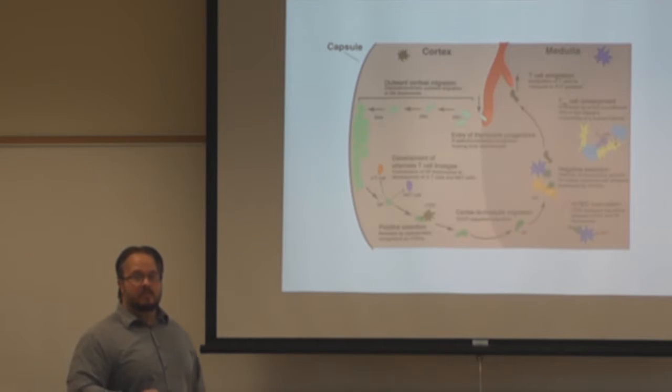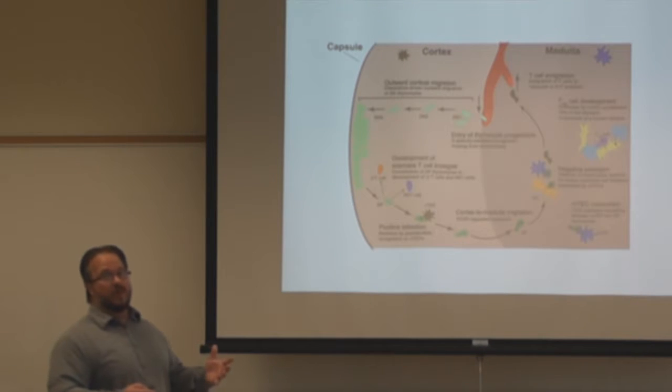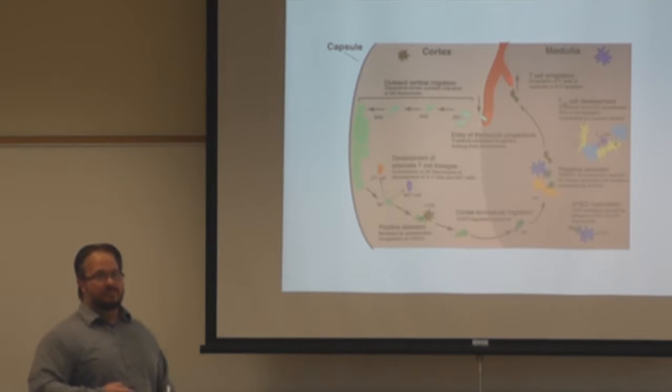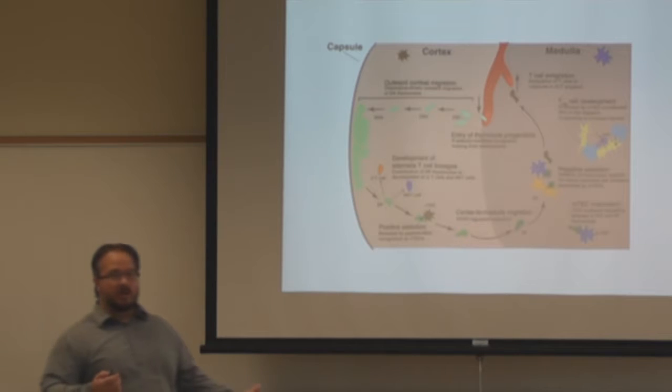What's their lifespan for a double negative? It's going to be very short. Finding a double negative in the periphery is really rare. So that means they die in the cortex? Well, they either go through this process or they die, pretty much.